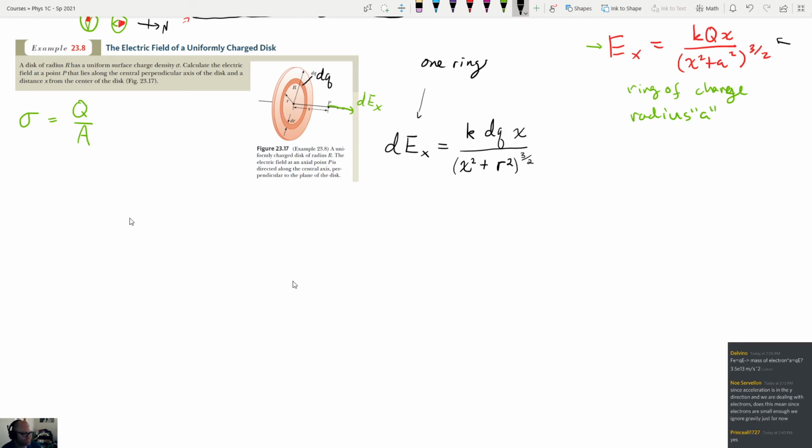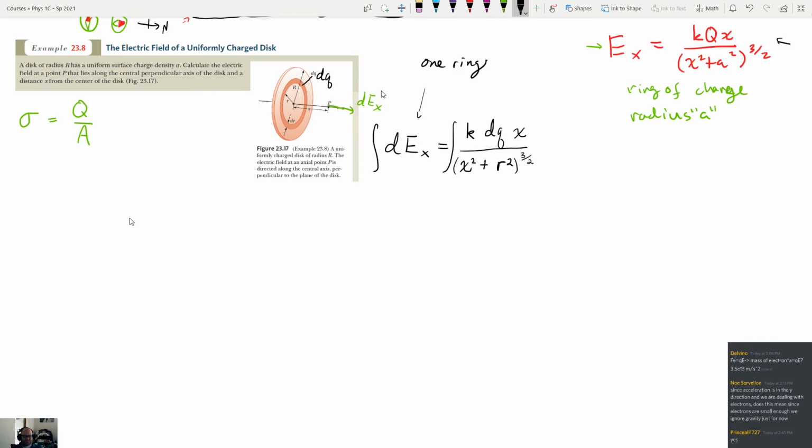All right, what do we do next? We can't really integrate this, can we? Why not? Integrating over the wrong variables. Yeah, so dq would be our variable of integration. If we tried to integrate this, we'd have a problem that we don't really know the relationship between dq and little r.